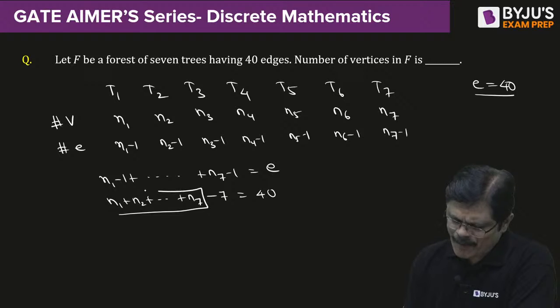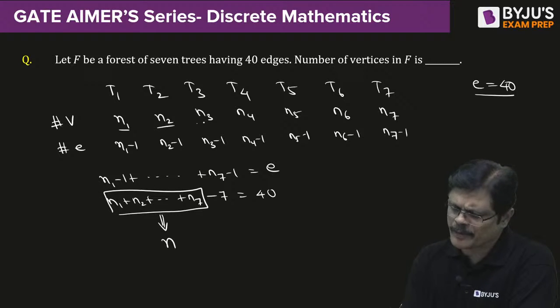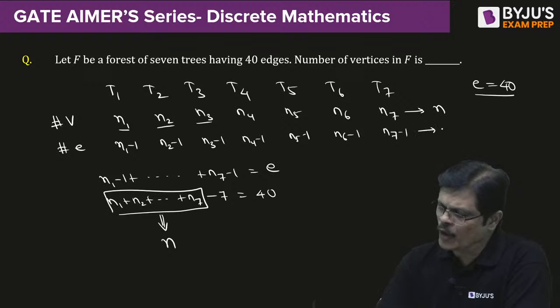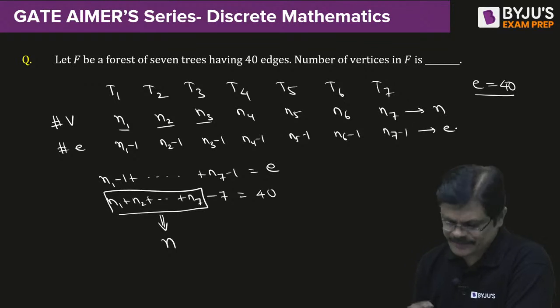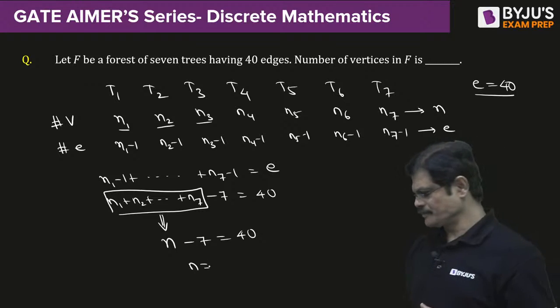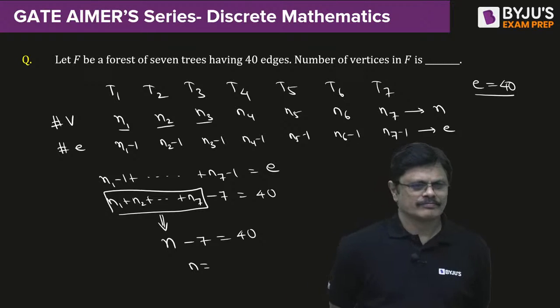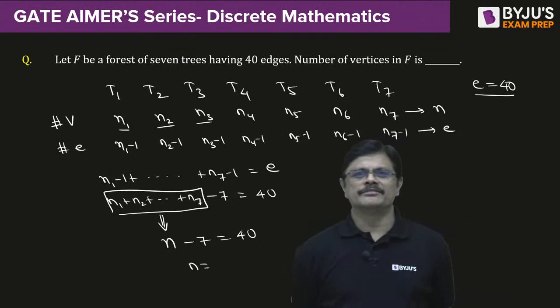But the sum of vertices is nothing but the number of vertices, because n1 plus n2 plus n3, if you add all of them, you get the number of vertices. Got it? So this is n minus 7 is equal to 40. So what is the value of n, Babu?